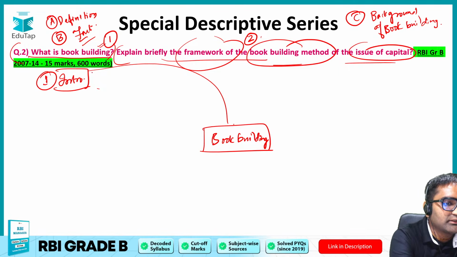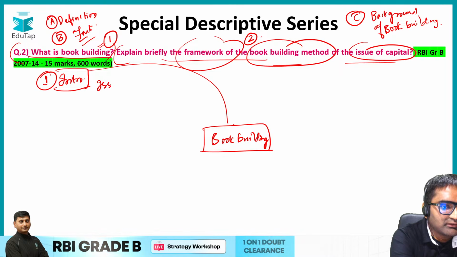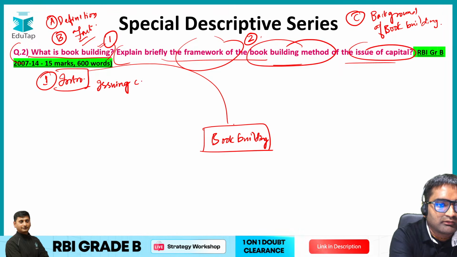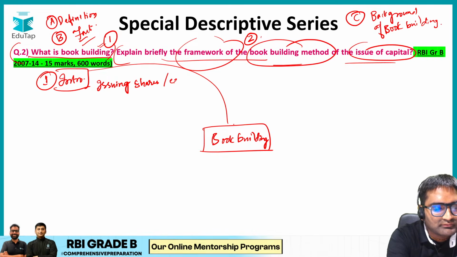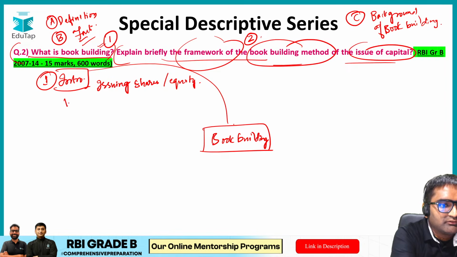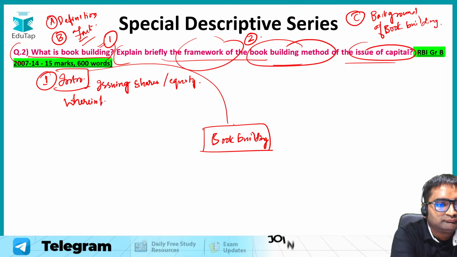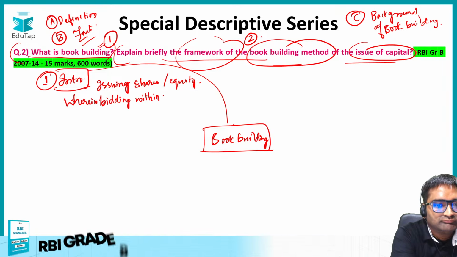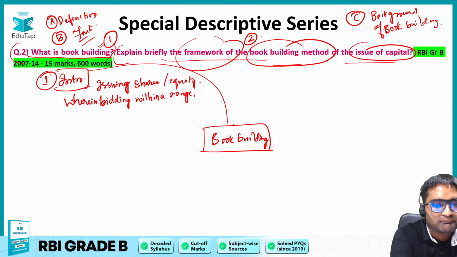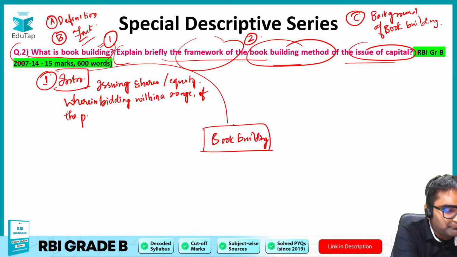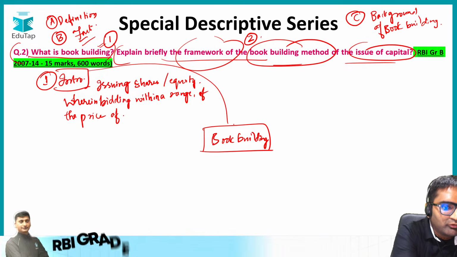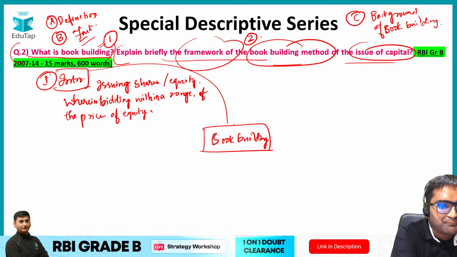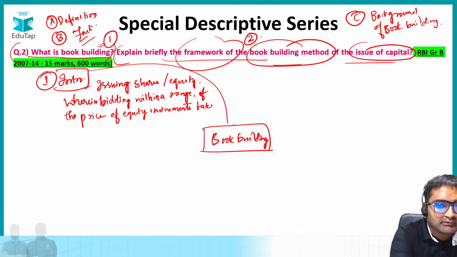Book building process is a process of issuing shares, or you can say equity, wherein bidding within a range, mostly of the price of equity instruments, takes place.